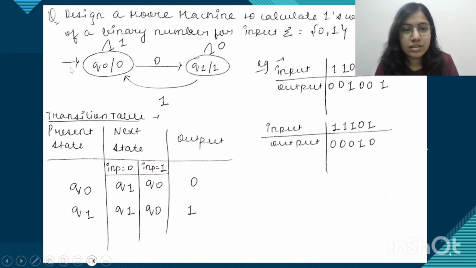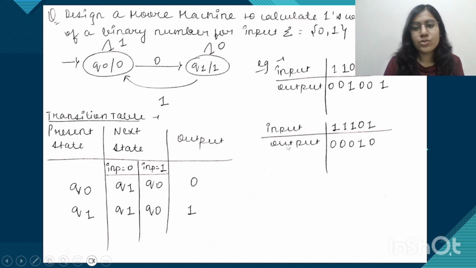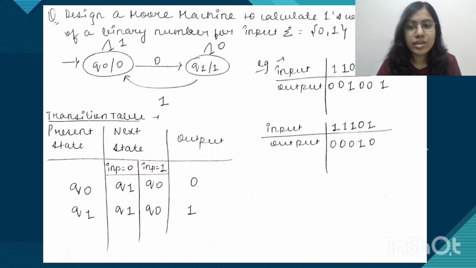Next is 1, so again it goes back to the initial state and gives the output 0. For another 1 it gives the output 0. And for the next 0, it goes to Q1 and gives the output 1. So here we can see that for every 1 there is a 0, and for every 0 there is a respective 1, from input to output.